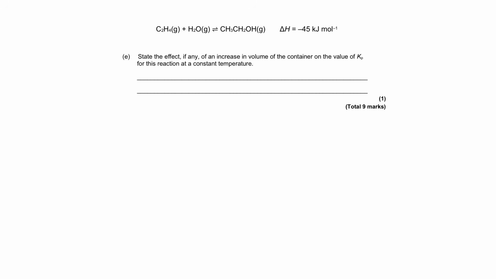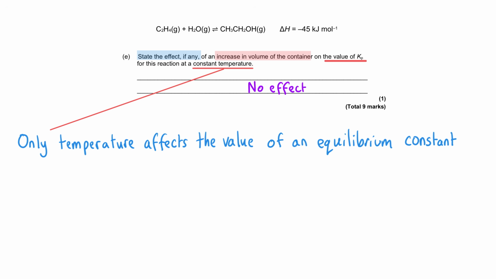State the effect, if any, of an increase in volume of the container on the value of Kp for this reaction at constant temperature. Well, the quick answer to this question is at constant temperature, there will be no effect on the value of Kp, because it's only a change in temperature that affects the value of any equilibrium constant.